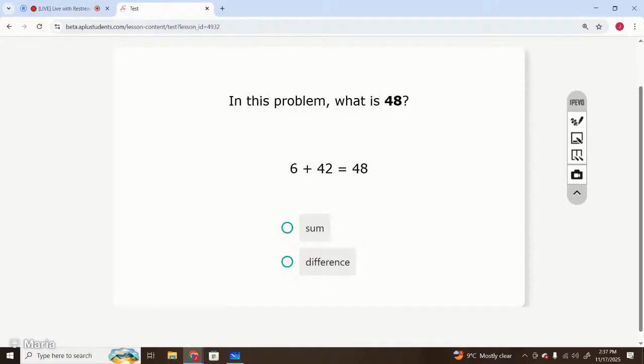So 42 plus 6 equals 48. That is sum. 48 is the sum of 42 plus 6.